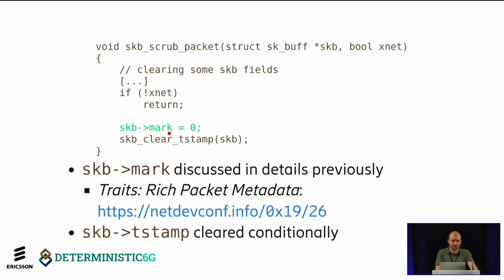So we cannot get away with saving the timestamp or the priority into the SKB mark, because that will be cleared as well. And the timestamps, we have an easier job with the timestamps since they are only cleared conditionally. By the way, the SKB mark was discussed heavily two days ago at the rich packet metadata talk, so I recommend that.